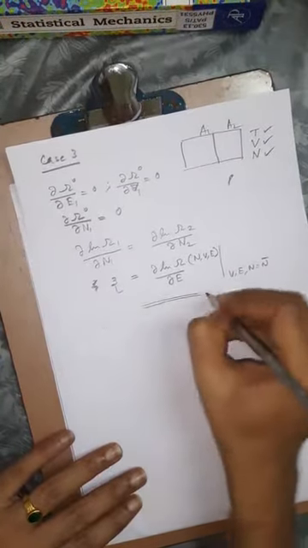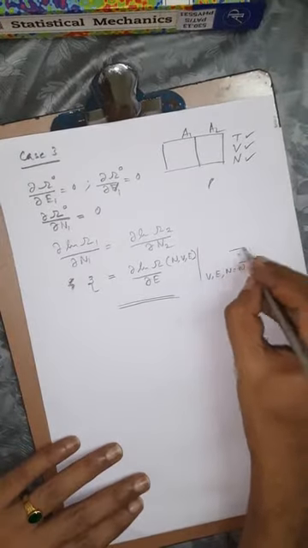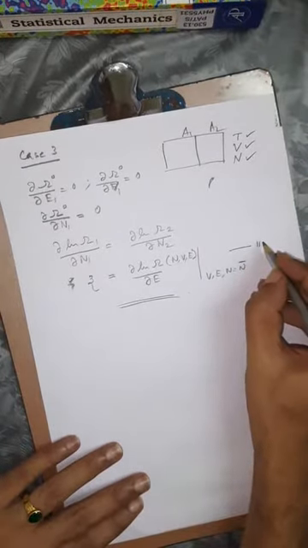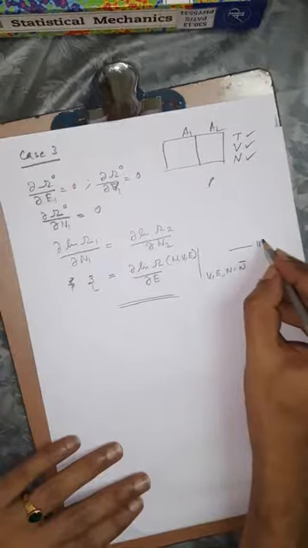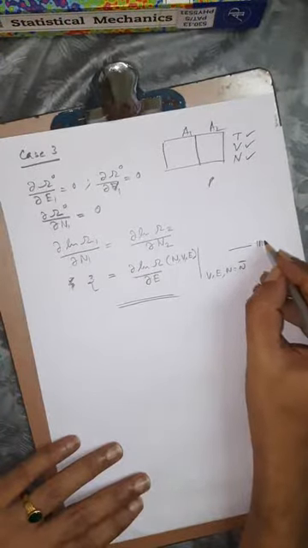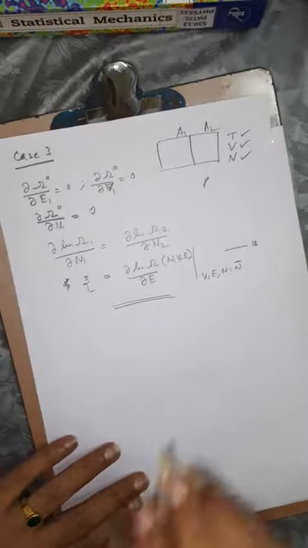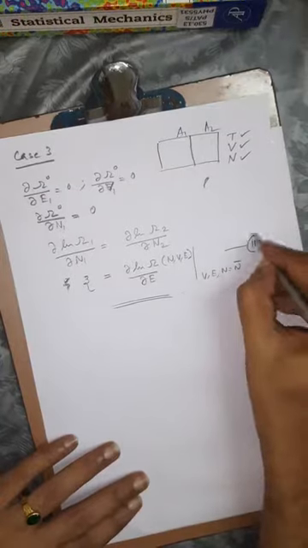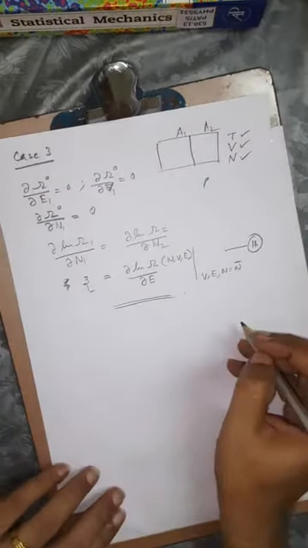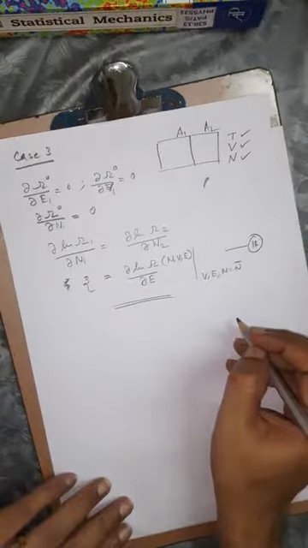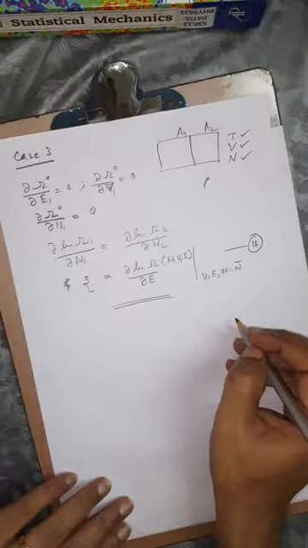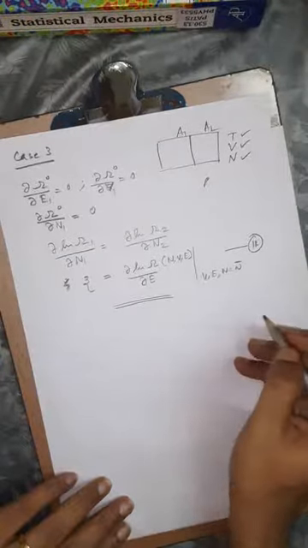This is the new expression for theta. I will name this as equation number 11, because the other equation was equation number 10.